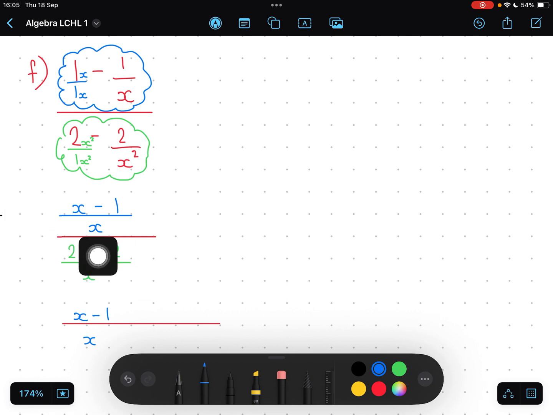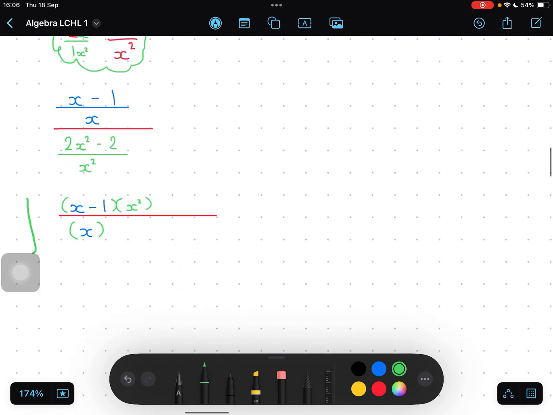And now, instead of this dividing what was in the numerator, it's going to flip upside down and multiply it. That's going to multiply my top line by x squared, and it's going to multiply my bottom line by 2x minus 2.